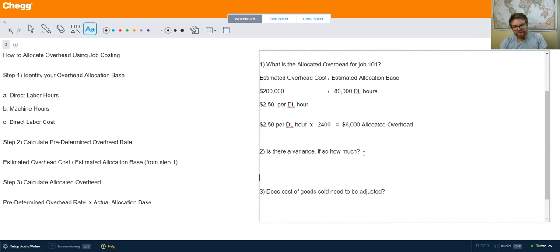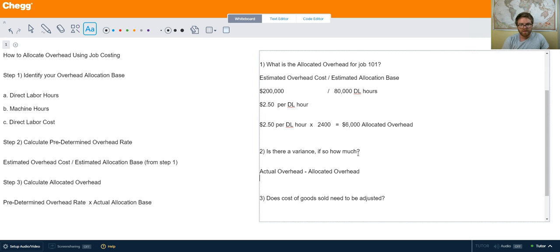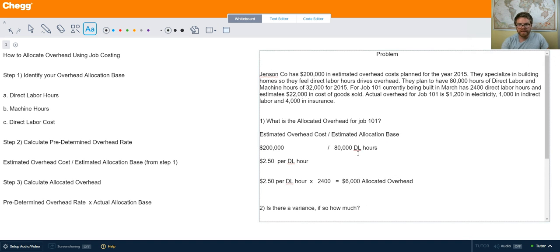Question 2 is asking, is there a variance? If so, how much? Well, to get the variance, you just take your actual overhead minus your allocated. And that would be step 4 on our left there. So, actual overhead, they tell us it's 1,200 in electricity, 1,000 in indirect labor, and 4,000 in insurance.